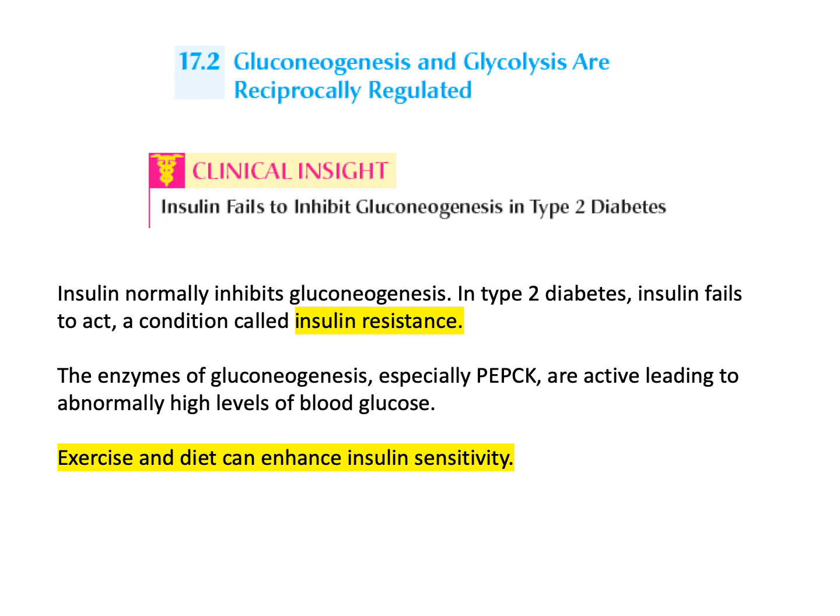Just think, you have high glucose already, and insulin is supposed to inhibit gluconeogenesis from producing more glucose. But in type 2 diabetes, even though you already have enough glucose, your body still produces more through gluconeogenesis. The good news is exercise and diet can enhance insulin sensitivity.